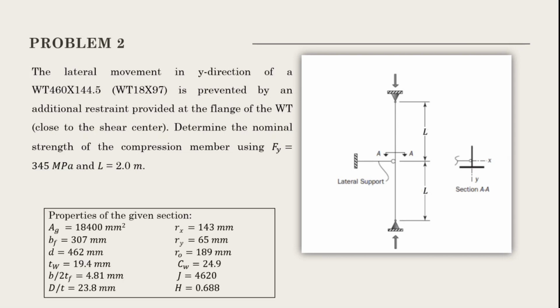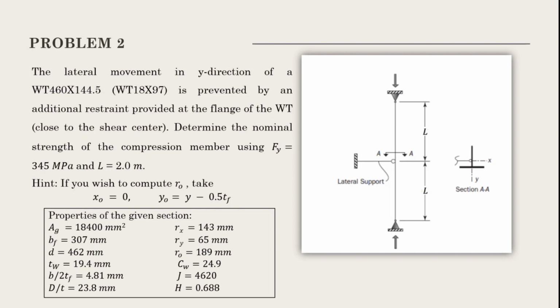Okay, so these are the section properties of the T-shape. And if you wish to compute R sub O, take X sub O equals 0 and Y sub O equals Y minus 0.5 T sub F. If R sub O is not given in the problem, there is a formula in the code on how you are going to compute that.